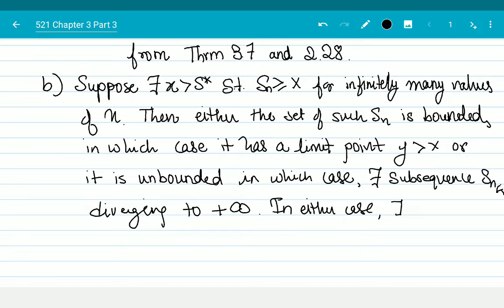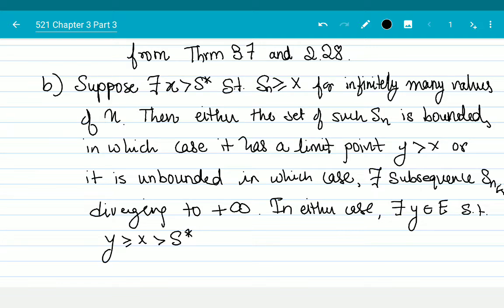there exists a y in E such that y is greater than or equal to x, which is greater than S star.